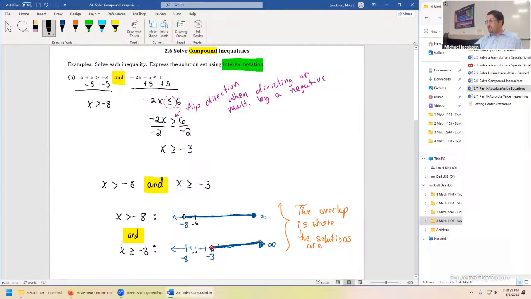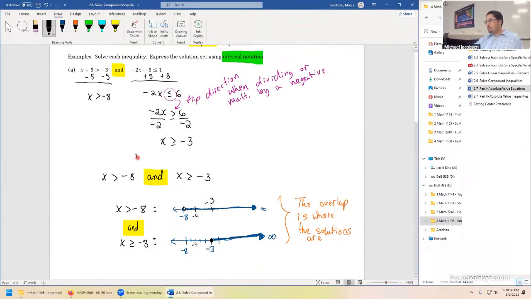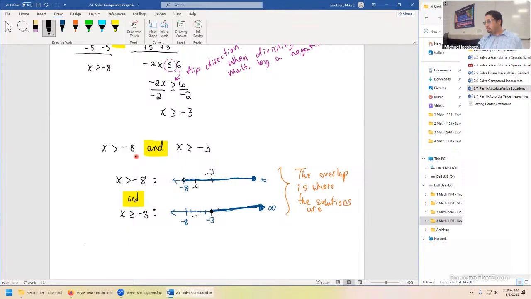So where that starts is right at -3. And that's what we mean by saying the overlap. -3 is in both sets, and every number to the right of -3 is in both sets. So we can say overall, once and for all, the solution set is this.